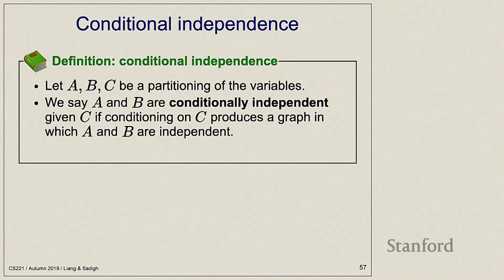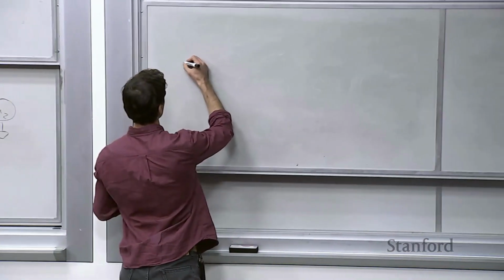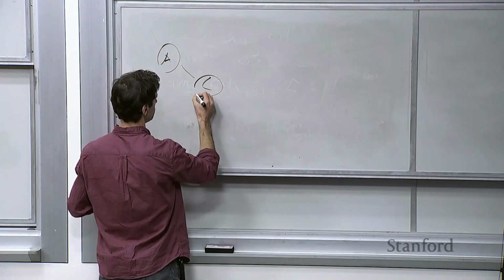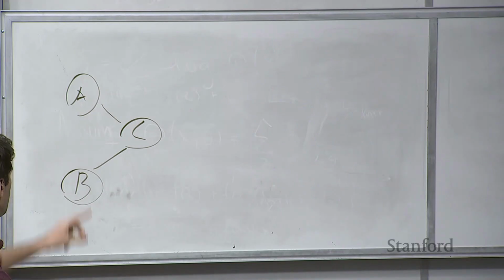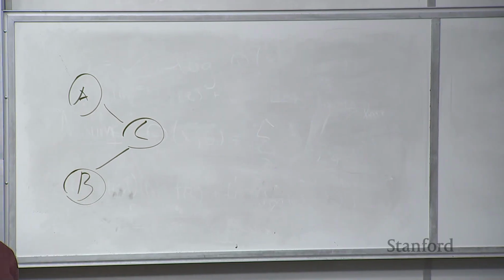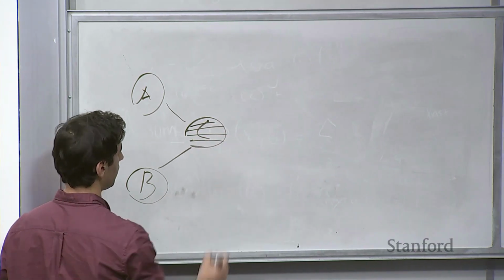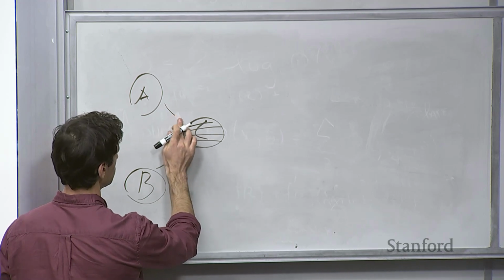Now we go to what you were asking about, which is conditional independence. If you have three variables, A, B, and C, with C between A and B, then you would say that A and B are conditionally independent, because once you condition on C, once you pick a value for C, these turn into stubs.